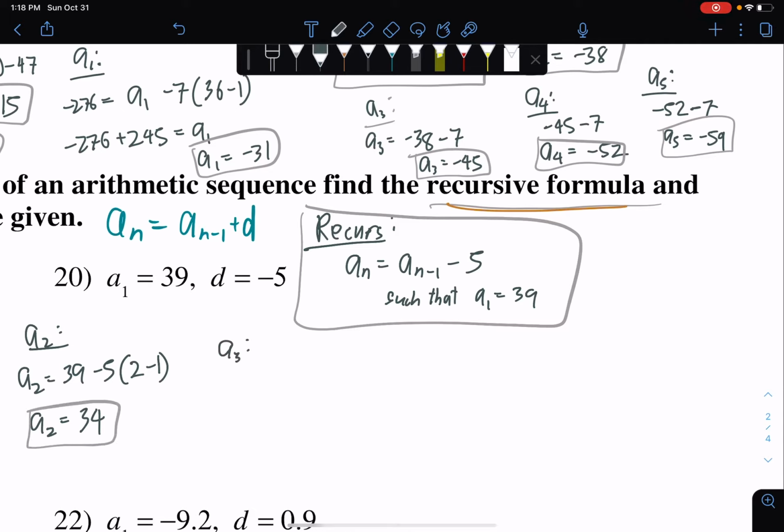For a sub 3, we'll just use the same formula. 3 minus 1 is 2. So 39 minus 5 times 2 is 29. Alright, for a sub 4 is equal to 29 minus 5, which is 24.